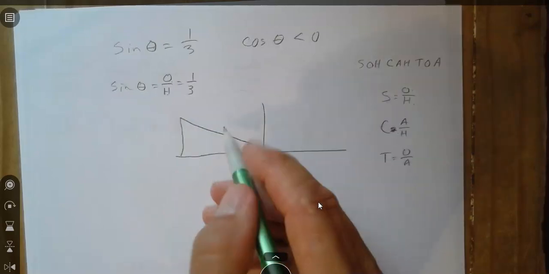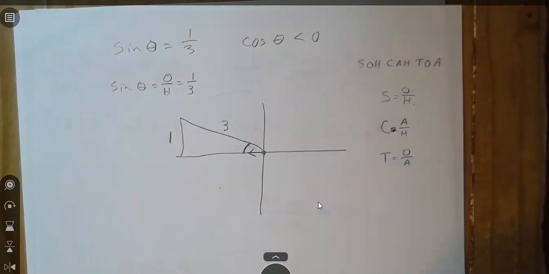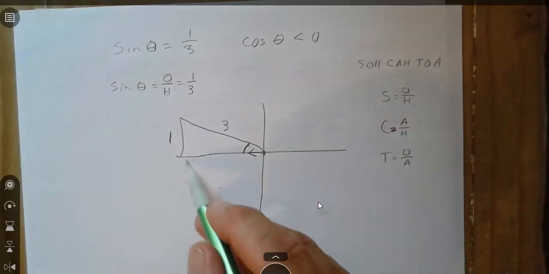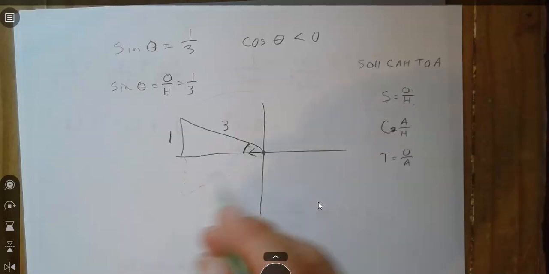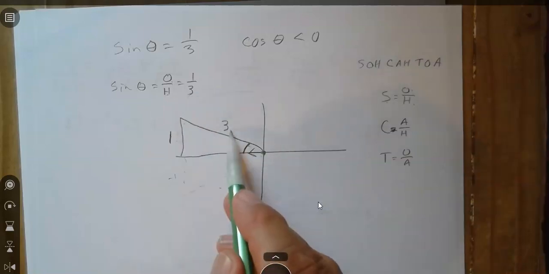So my hypotenuse is 3 and my opposite is 1. It's positive, so there's no way we could be over here in the third quadrant, because that would have to be a -1, and my sine is positive. So I have a +1 and a +3.